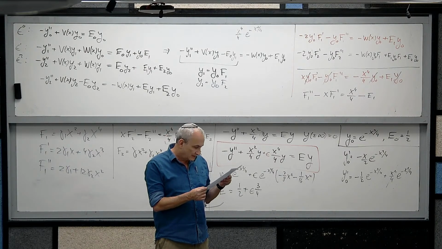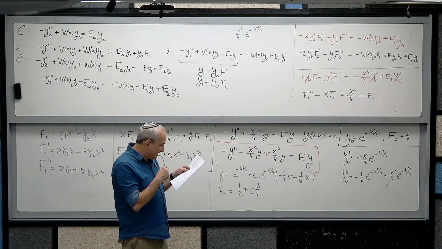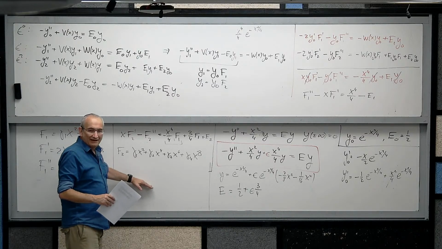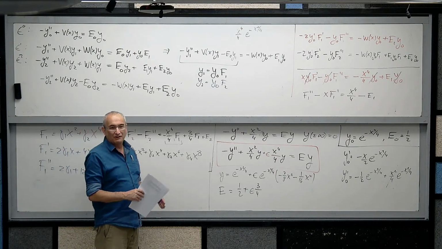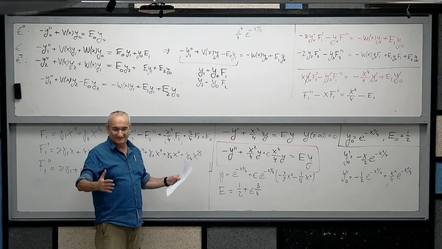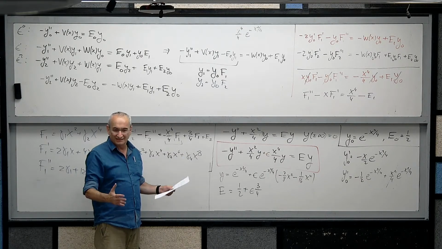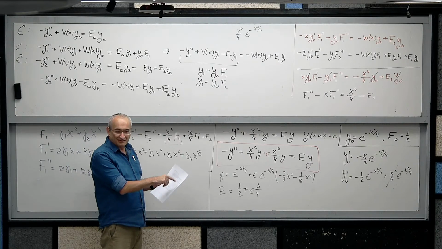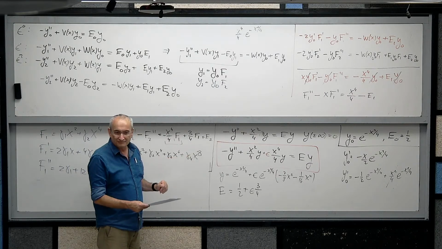Now, what you see is that the numbers are going down, but then after a while they go up. Why? Because this is an asymptotic series. It's not a converging series.